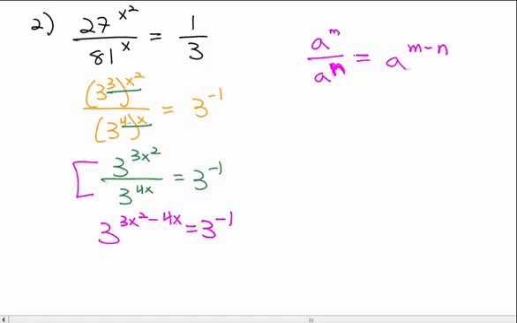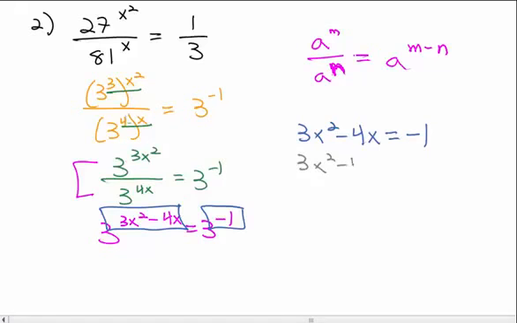And now that we have a common base, we say the exponents must be equal. 3x squared minus 4x must equal negative 1. Add 1 to both sides. 3x squared minus 4x plus 1 equals 0.